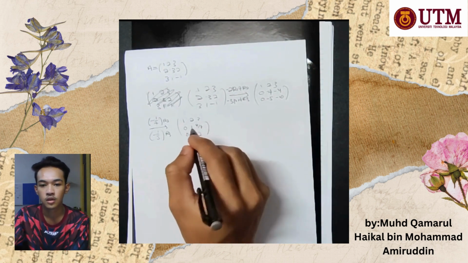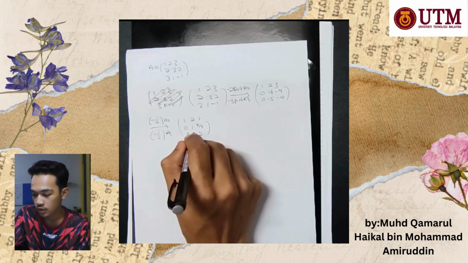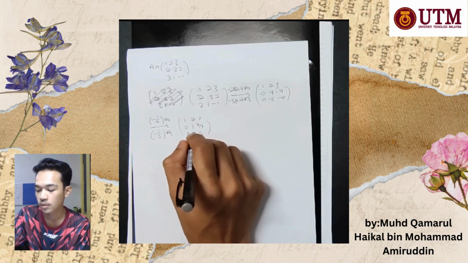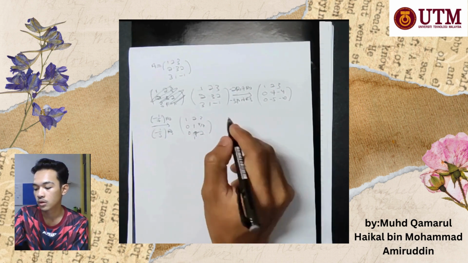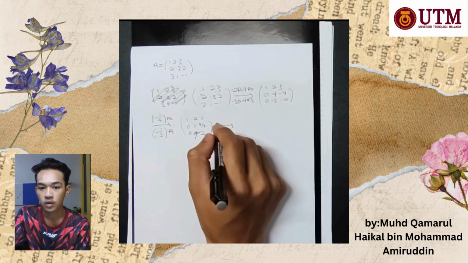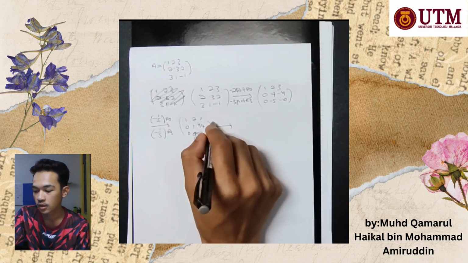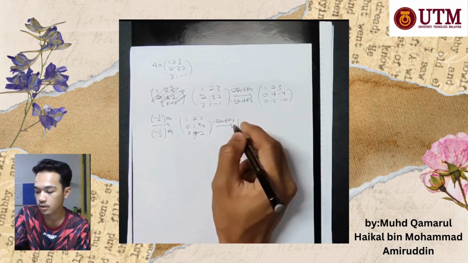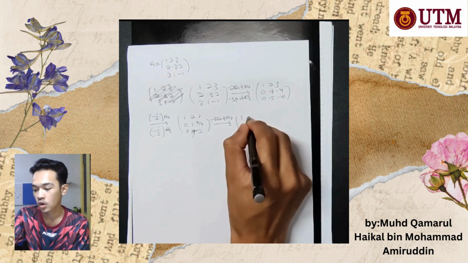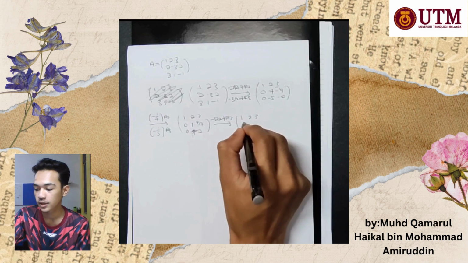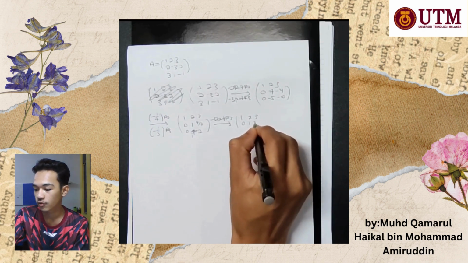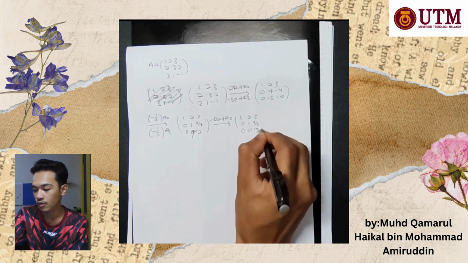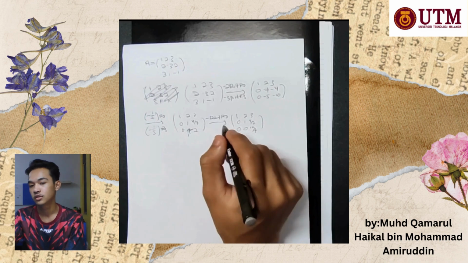Next, in row 3, we want the 1 to become a 0. So we write the equation negative R2 plus R3. So we get 1, 2, 3, 0, 1, 4 over 7, 0, 0, 10 over 7.